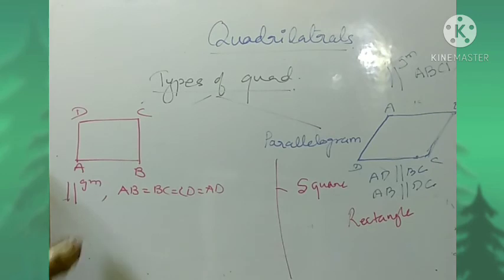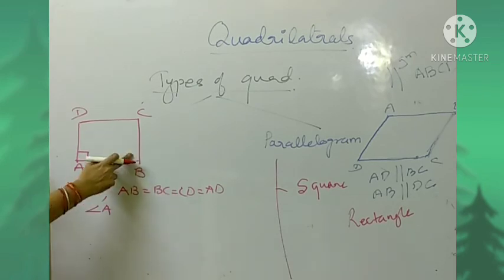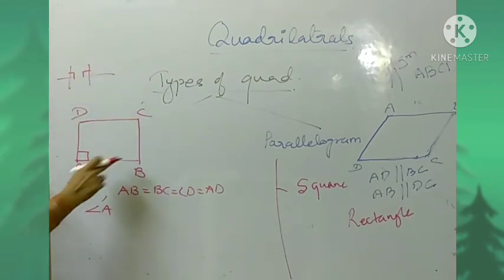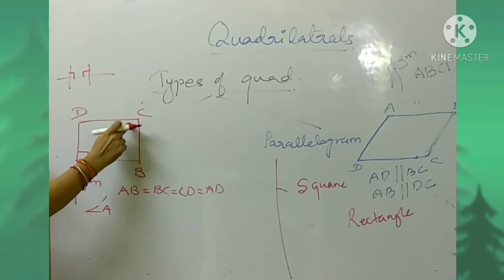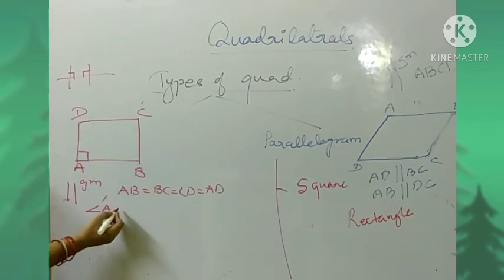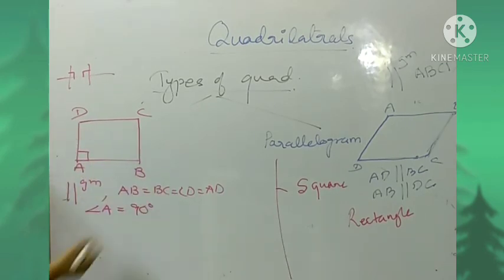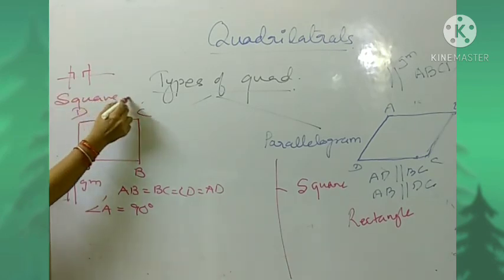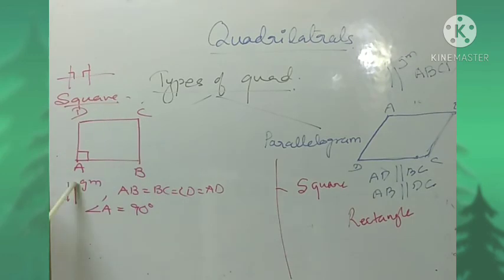All the sides are equal and one of the angle is 90. Since these two lines are parallel, this will automatically be 90. In parallel lines, allied angles sum should be supplementary. So this is 90, this is 90, this is 90. So in which one of the angle is 90, then it will be a square. So what is a square? Square is a parallelogram in which all the sides are equal and one angle is 90 degree.